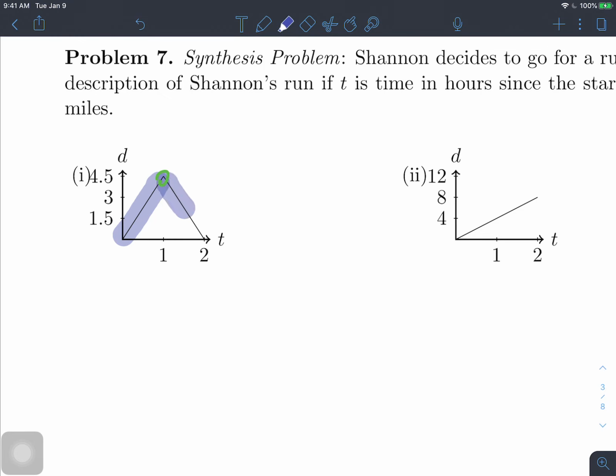So as t goes forward even more, our distance from home starts decreasing, and then we get to 0 back home. So this is like an out and back trip. I walked, and then I instantly spun on my heels and started walking back home. All right. So that's that one.